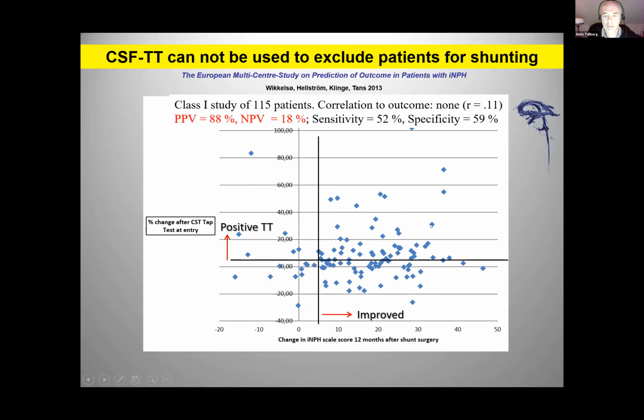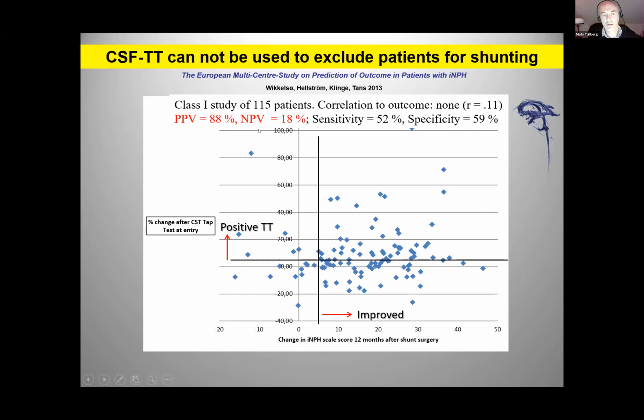showing all the patients in blue dots here, the horizontal line with the red arrow shows patients with a positive TAP test, and the vertical line with the red arrow, those are the patients who improved after shunting.